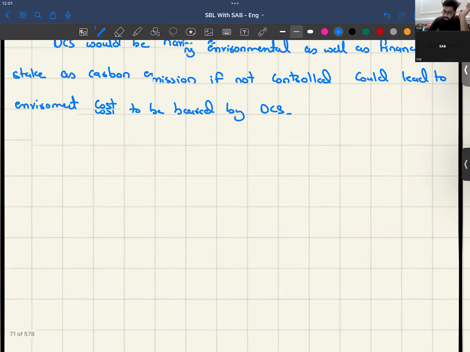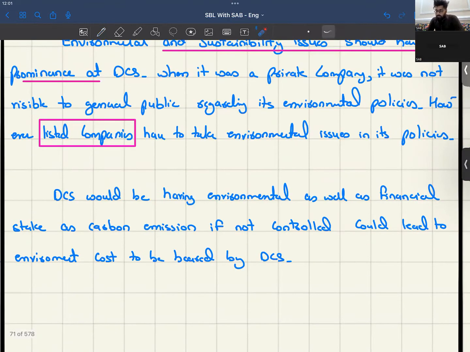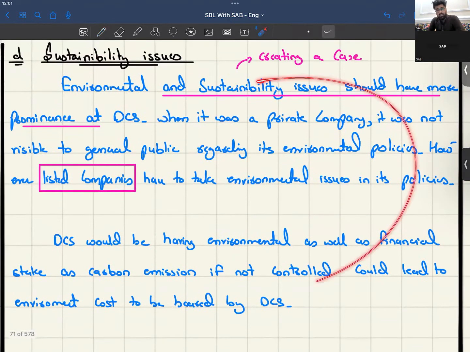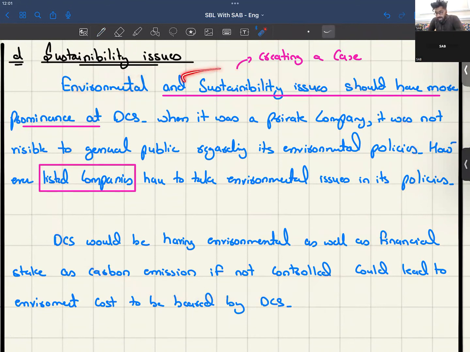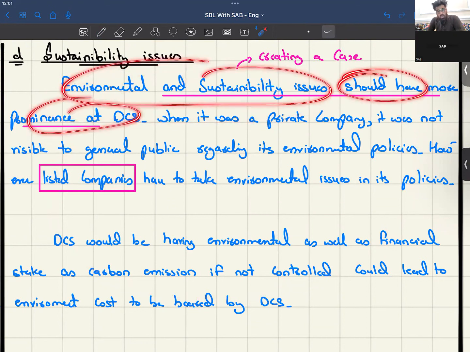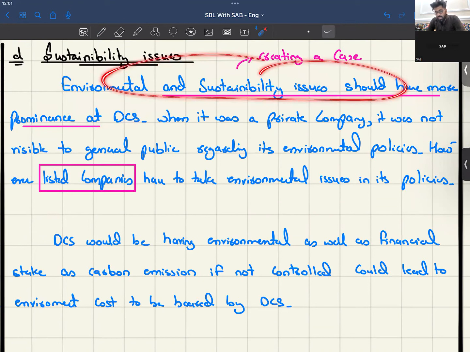Now, you have created a well case that we need to have an efficient environmental and sustainability team, right? You have made a great case, right?